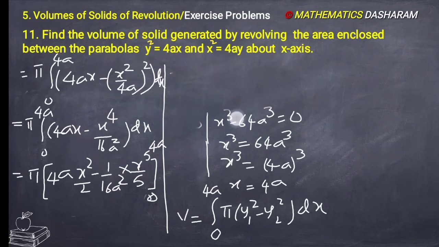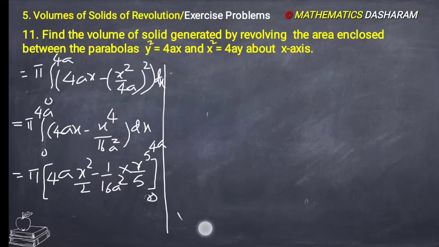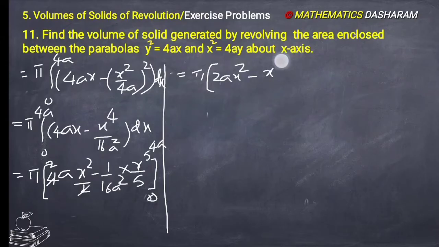So now substitute the upper and lower limits, but before that let's simplify. 4a minus, here 2 ones are 2, 2 twos are 4, so then 2a x squared minus x to the power of 5 by 16 fives are 80a squared, 0 to 4a.